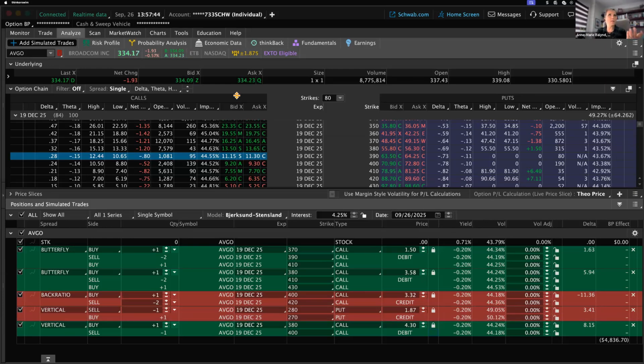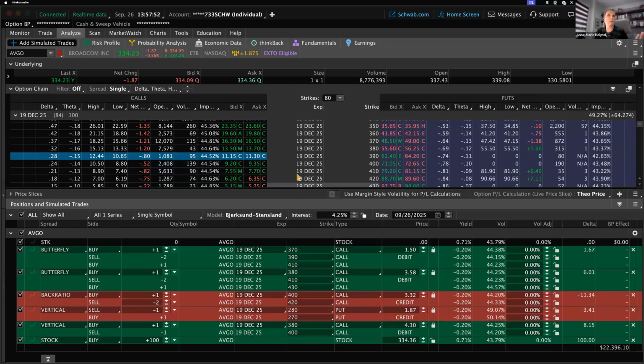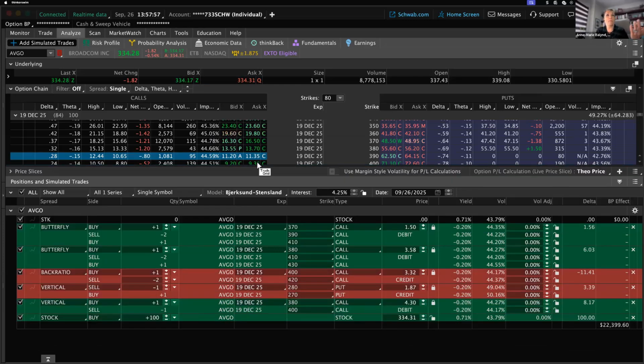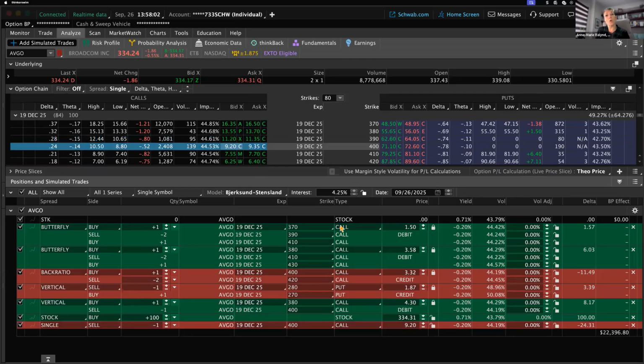You could easily buy the 334, and then, if you bought 100 shares of that, right? Or however many shares you want to buy, and you sold the 400s, you're going to get it at a discount, right? Almost $10. So it'll be like you bought it for $325.